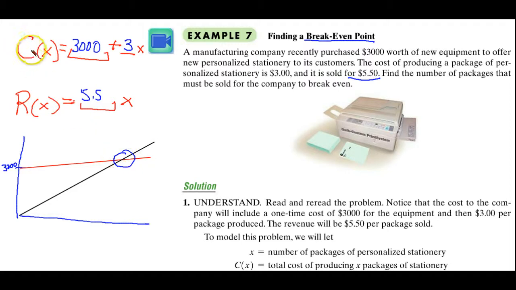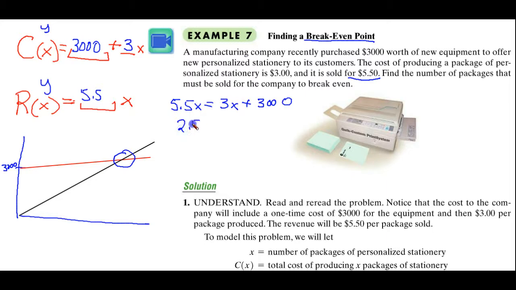Well, remember we said we could substitute function notation with a y, and this function notation with a y. So we have y equals this, and y equals that. Just like we had for the red meat and poultry at the beginning. So we're going to have 5.5x equals 3x plus 3,000. We're going to subtract 3x from both sides.